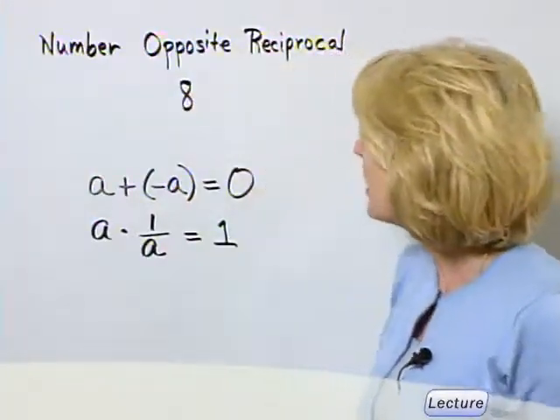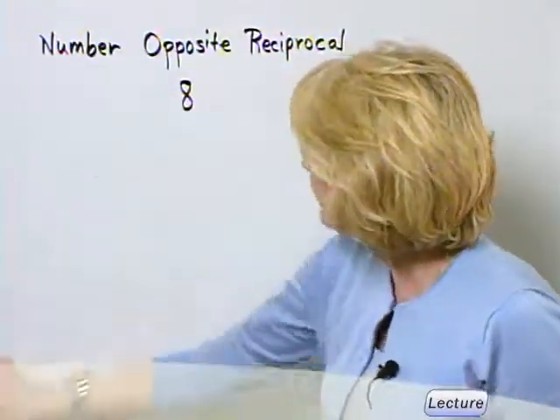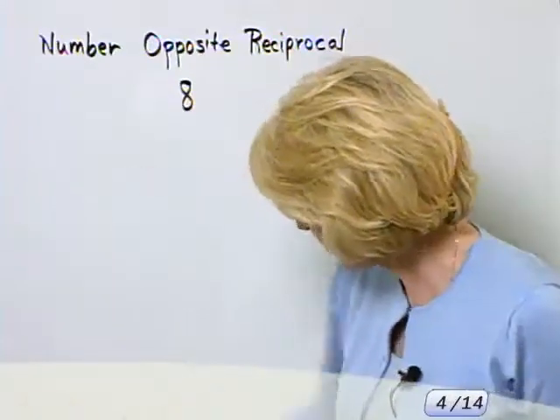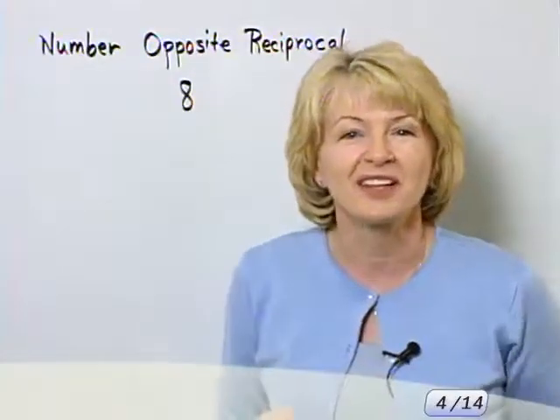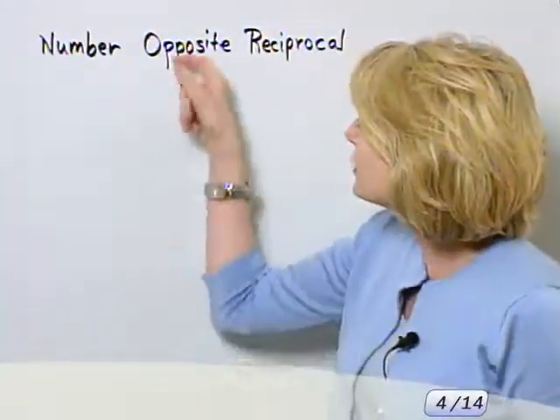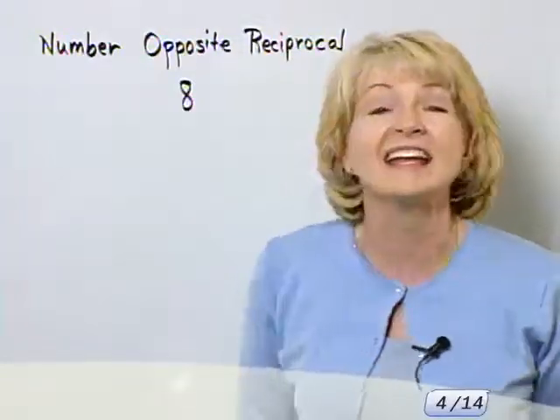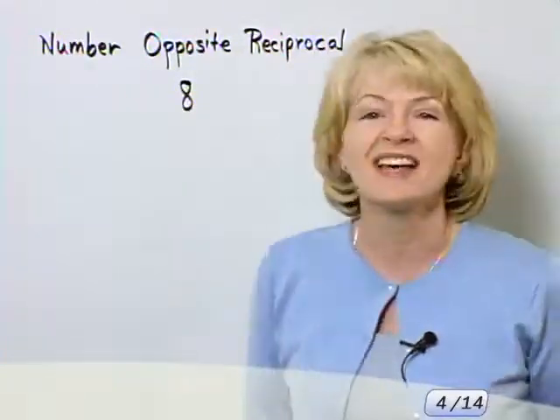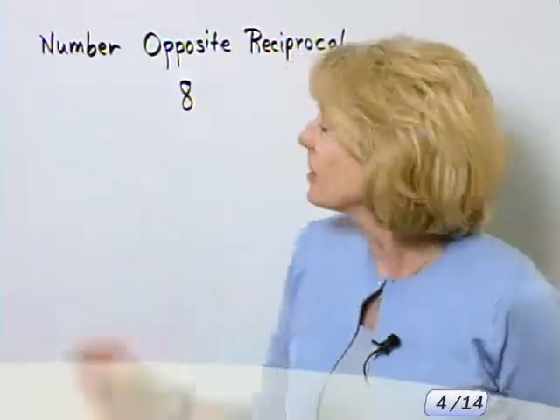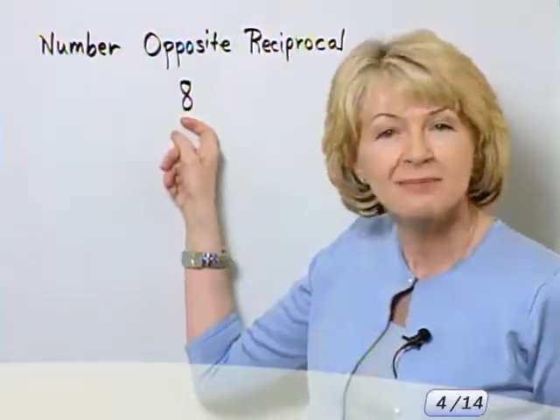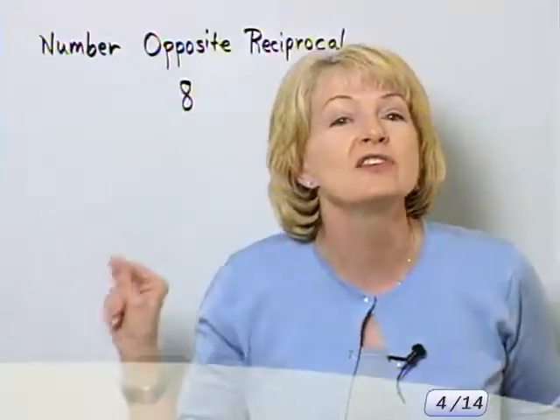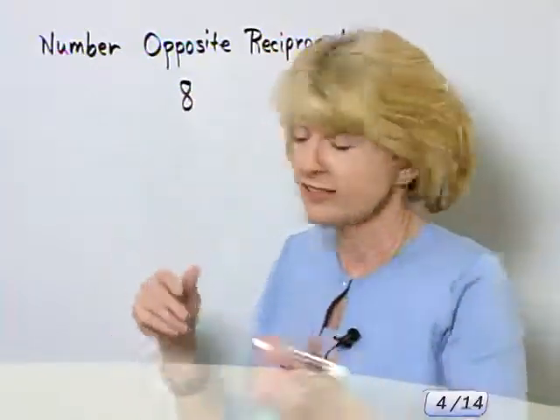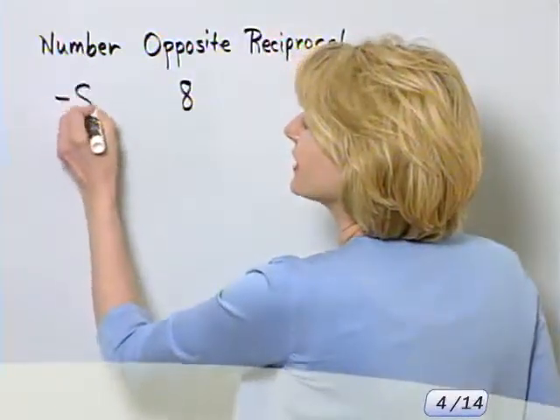Now keep those in mind and let's fill in this table, if you want to call it a table. Let's suppose I tell you some number has 8 as its opposite. What is the original number and what is that number's reciprocal? Well, if the opposite of some number is 8, the original number must be -8.